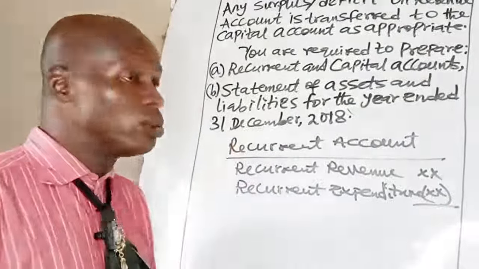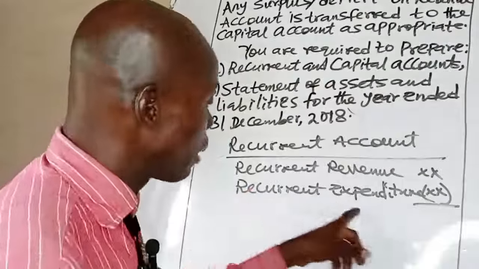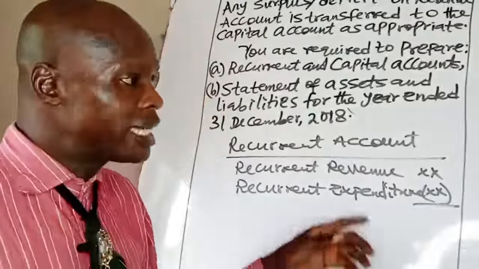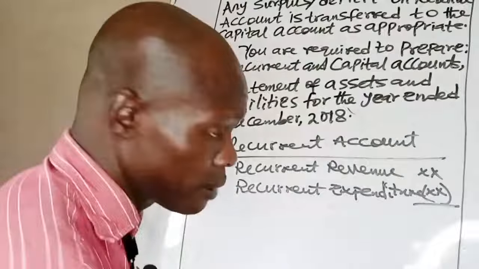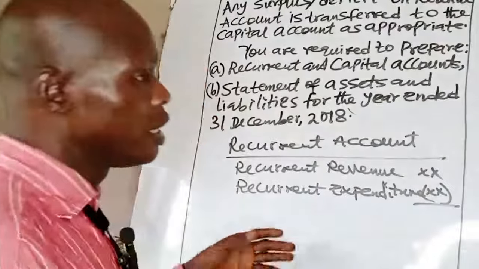Then if you have any internally generated revenue of that entity, you have them as recurrent revenue. While recurrent expenditure are the expenditure incurred by the public sector entity on their day-to-day activities. Expenditure incurred on a regular basis, that is from the day-to-day activities of the government, we refer to them as recurrent expenditure. Recurrent expenditure include the personnel costs, the overhead costs, then the charges that are made from consolidated revenue.